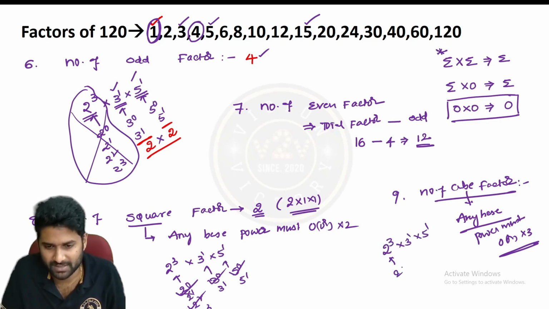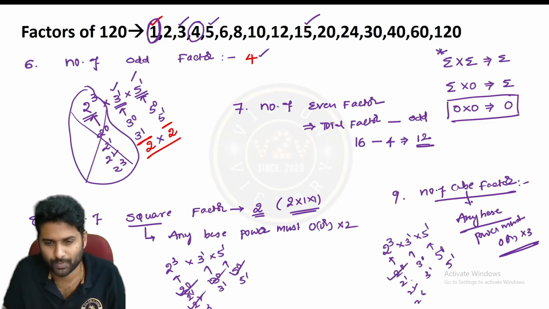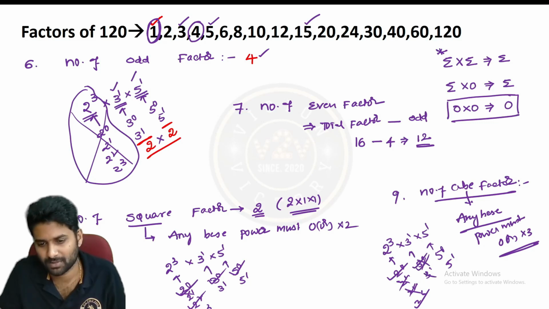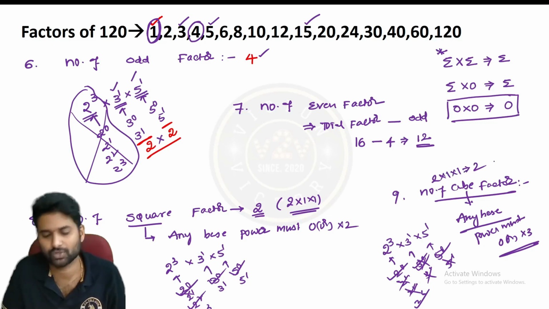Don't use the formulas. Understand the definitions. Definition of a square and definition of a cube. So 2 power 0 is a cube, 2 power 1 is not, 2 cube is a cube. 3 power 0 is a cube number, 3 power 1 is not. 5 power 0 is a cube, 5 power 1 is not. So again, total number of cubes is exactly equal to 2.